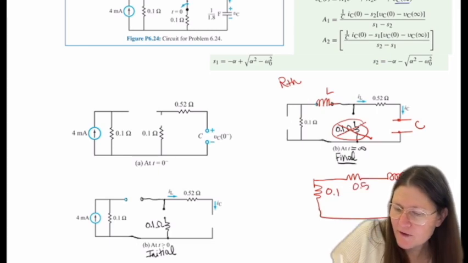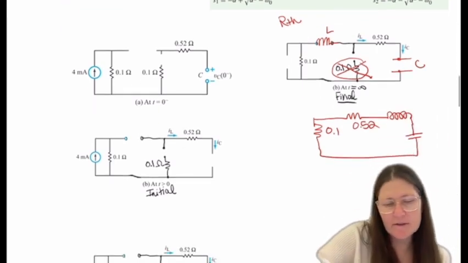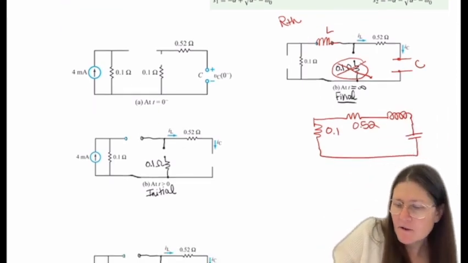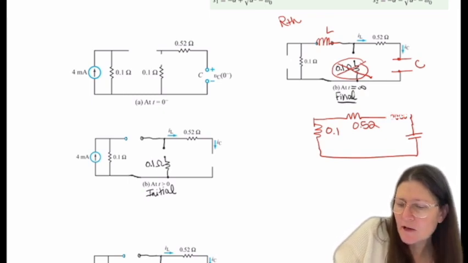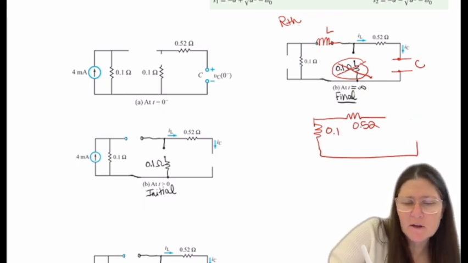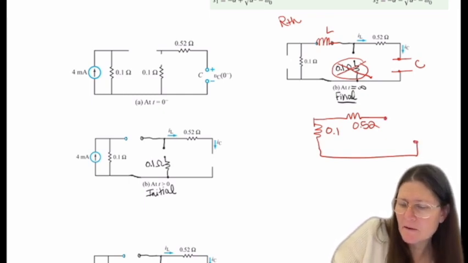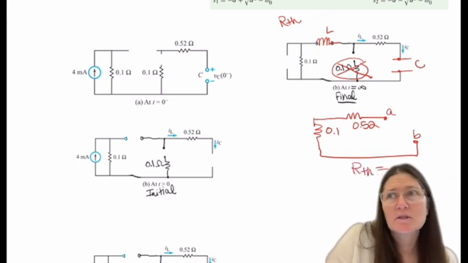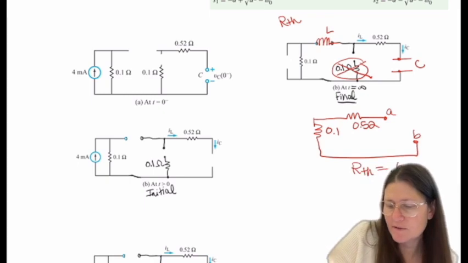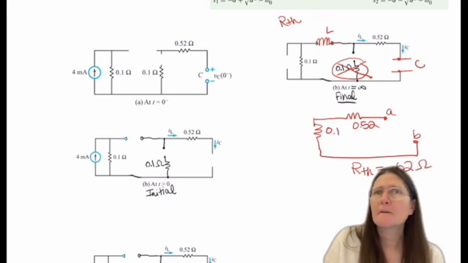If I move these around, then it is easier to see that when I remove my L and my C and replace them with an A and a B, it's very easy to see where the pathway is. Otherwise, it looks a little confusing. So RTH is 0.62 ohms.